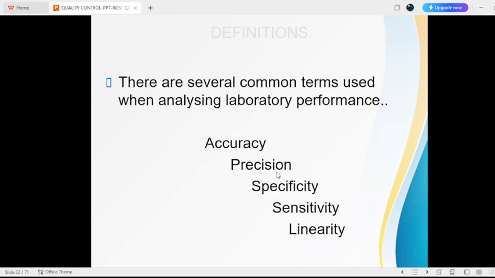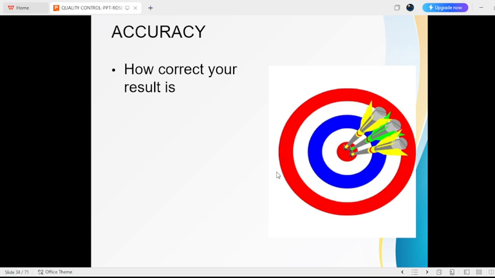Next, a little bit about definitions of certain important terms used in quality control. There are several common terms used when analyzing laboratory performance: accuracy, precision, specificity, sensitivity, and linearity. First of all, accuracy. Accuracy means how correct our result is.